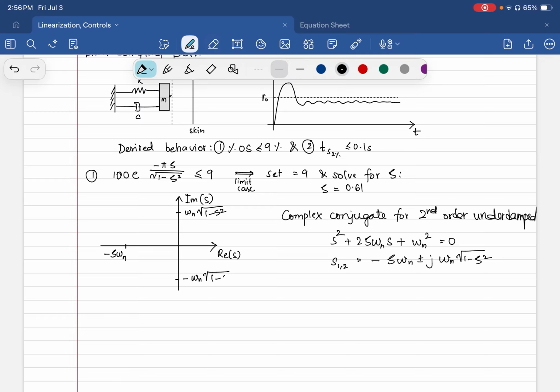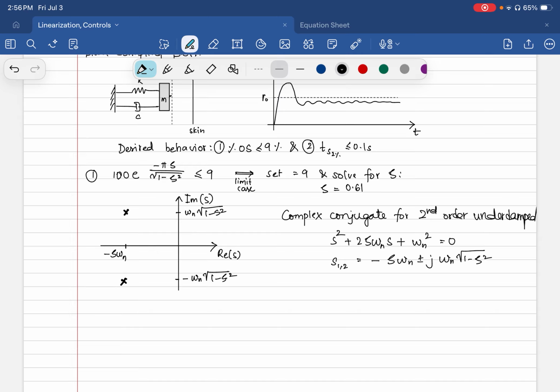So these are the two poles in a complex conjugate setting for the second order underdamped systems.